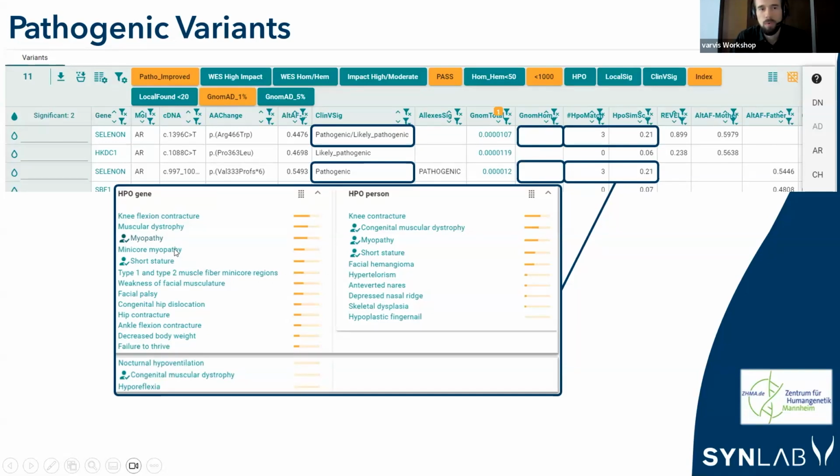because both for the gene and the patient, there was myopathy described, and also short stature, and also congenital muscular dystrophy.